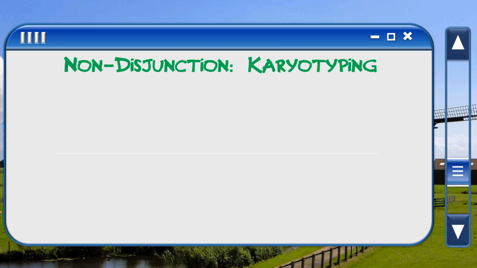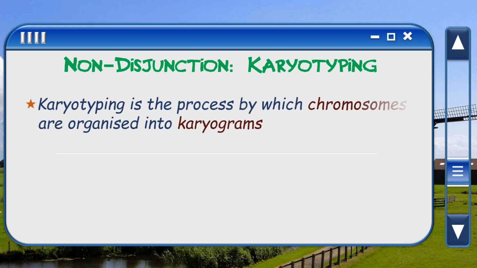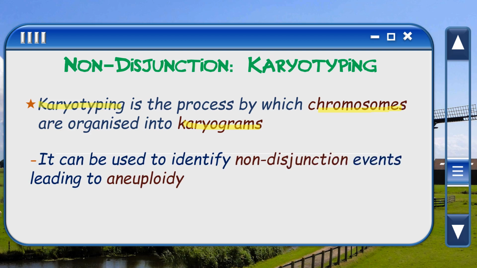Non-disjunction karyotyping. Karyotyping is the process by which chromosomes are organized into a karyogram. It can be used to identify non-disjunction events leading to aneuploidy.